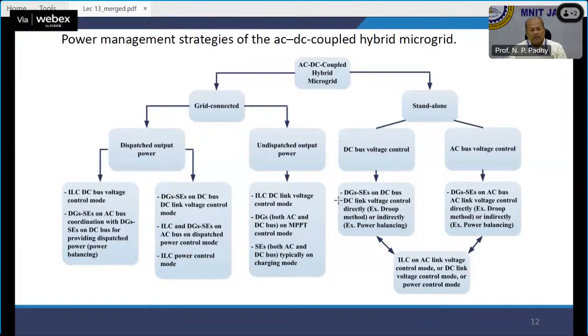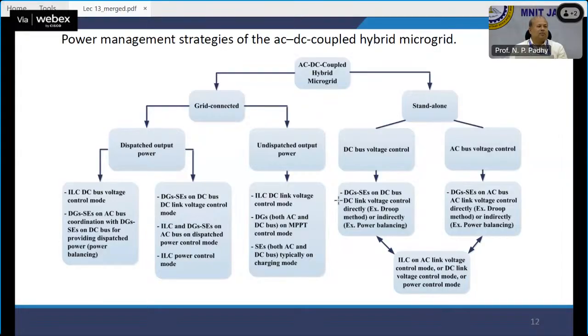Similarly, in undispatched, it is ILC in DC link voltage control mode. DGs, both AC and DC bus, will be operated in MPPT. All the PVs connected to either DC or AC bus will be in MPPT mode, and ACs, the storage, both AC or DC, typically in a charging mode.